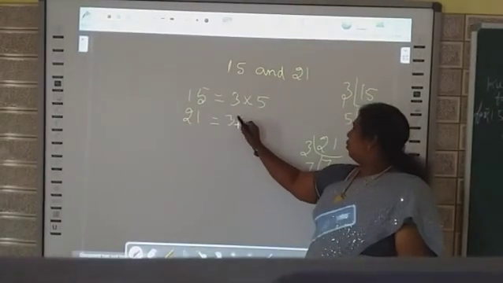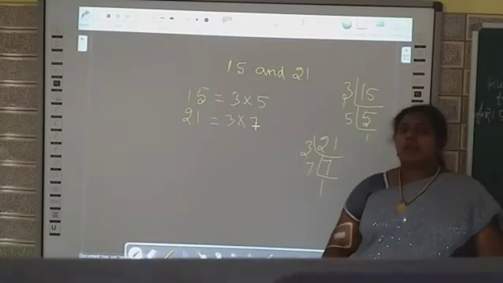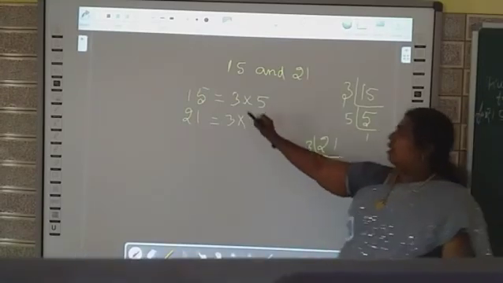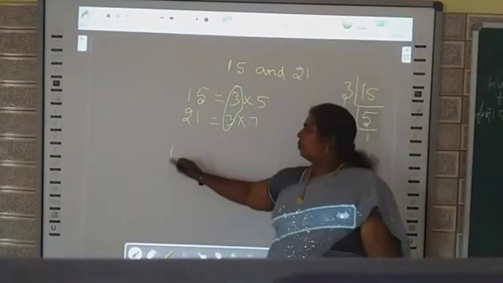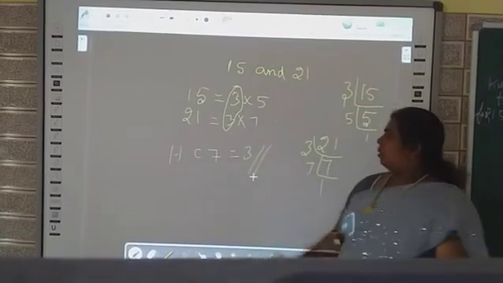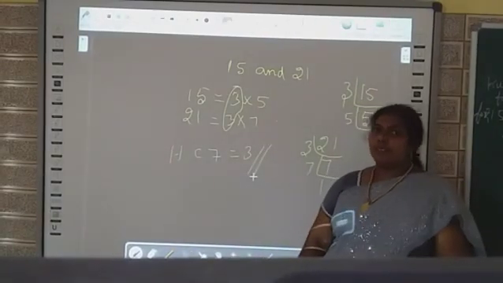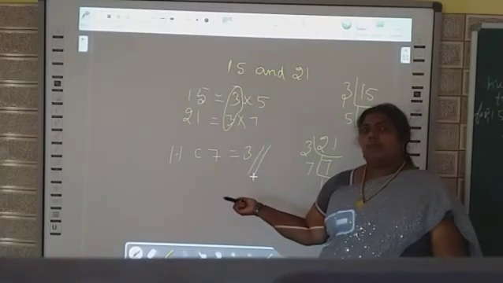So 3 into 7. Right? Now you can see here the common factor. Here the common factor is 3 only, isn't it? So highest common factor is equal to 3. Now do you understand? This is the highest common factor.